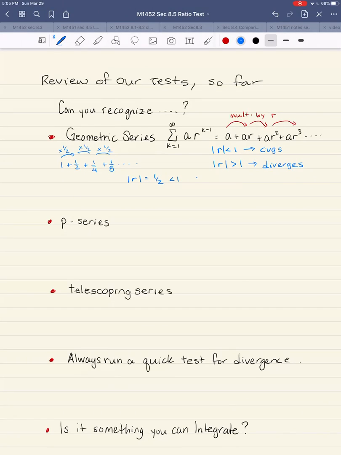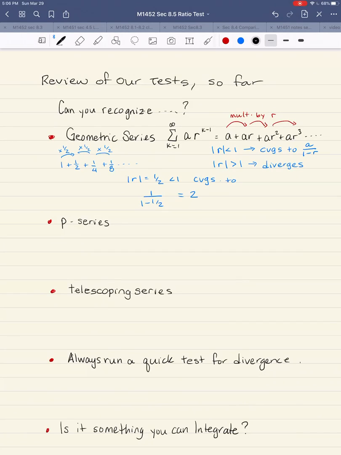So it's a geometric series. r is a half, which is smaller than 1, so it converges. And remember, this is one of the few series where we know what it converges to. It'll converge to a divided by 1 minus r. So in this example, it converges to a, which is our first term, 1, over 1 minus a half. This one converges to 2.